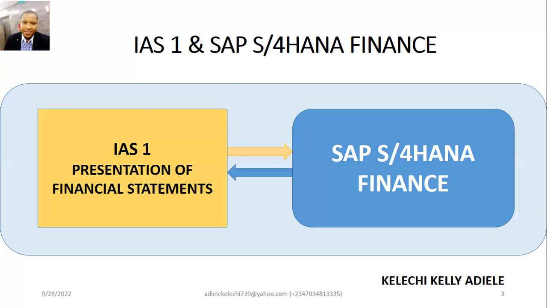We're also going to see how SAP S/4HANA Finance works hand in hand with this standard, helping to enforce it, drive it and enhance it, such that companies can benefit from complying with these standards even when they use SAP S/4HANA. We're going to see the functionalities within SAP S/4HANA Finance that help to drive the objective of IAS 1. That's the very aim of this session.